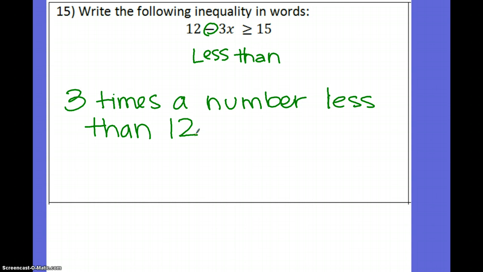And then for greater than or equal to, we have those choices that were in our table. The ones you'll see more often is at least, so I'm going to say is at least 15. And that's all we need to write for number 15.